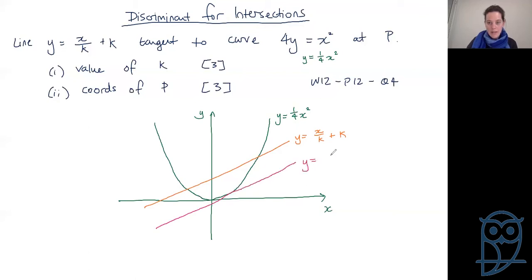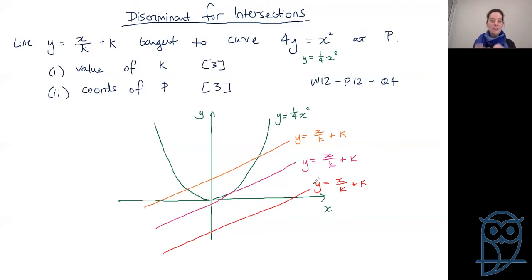This could be y equals x over k plus k. But it could also sit way down here. Maybe k is negative. Well, if k was negative, actually it would sit the other way around, wouldn't it? Because then our gradient would also be negative. But you get the idea.